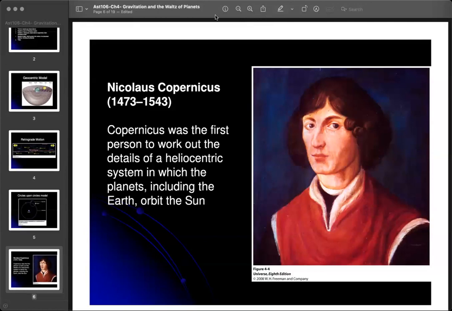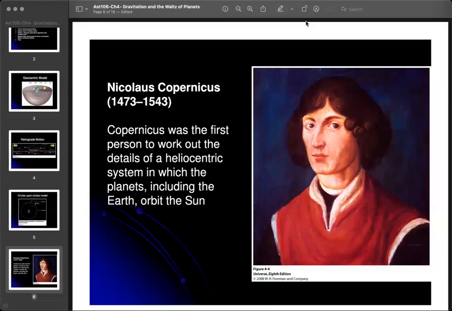So even though there were other scientists who believed this and had some ideas about it, it was Copernicus who completely explained this in a way that was very convincing for at least a lot of other astronomers and scientists to accept that that was the case.